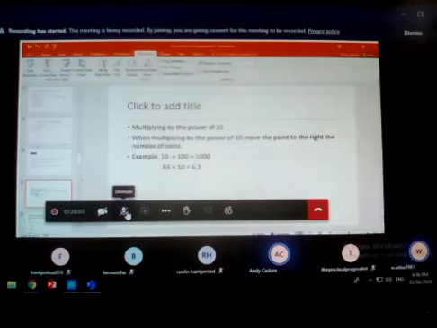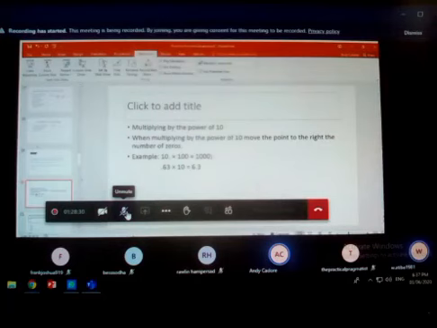When you're multiplying by 100, you move the point the number of places of the 0s. In this case, you're adding 2 more 0s because you're multiplying by 100. So 10 multiplied by 100 turns out to be 1,000.